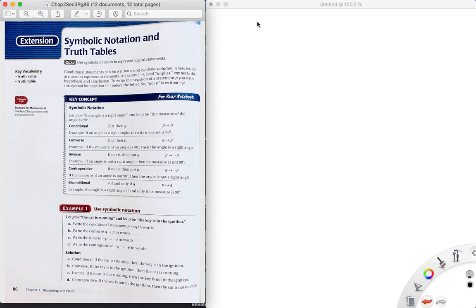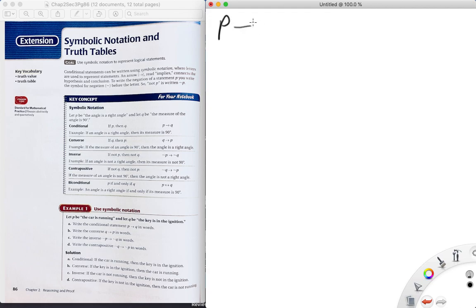Alright, so symbolic notation. P equals hypothesis. Q equals conclusion. And then we have the arrow, and the arrow sort of is like our if and then.